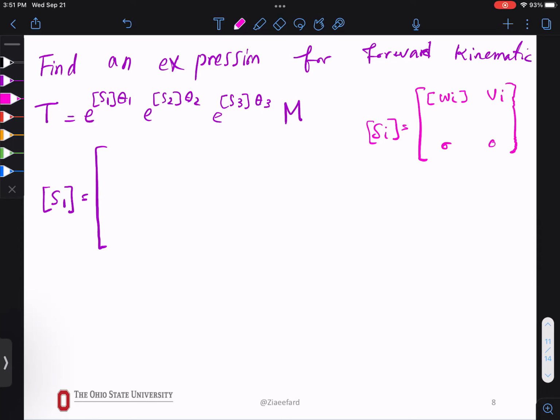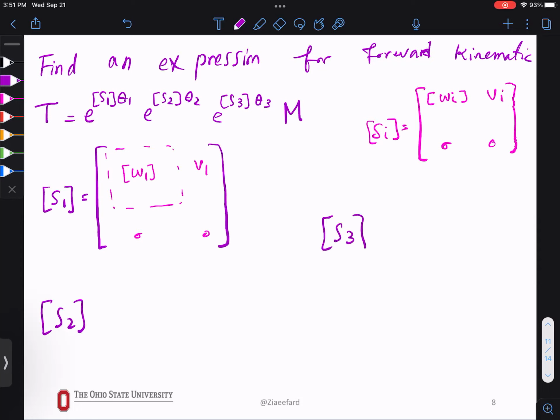So basically putting omega 1 skew symmetric, v1, 0, 0. You create this, you show this for all 3 of them. And you have M, so that would be your T.